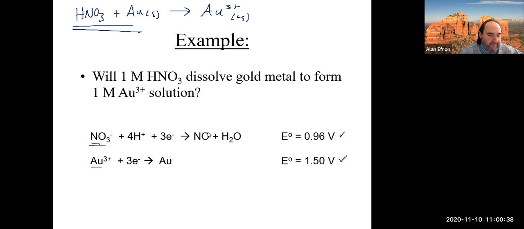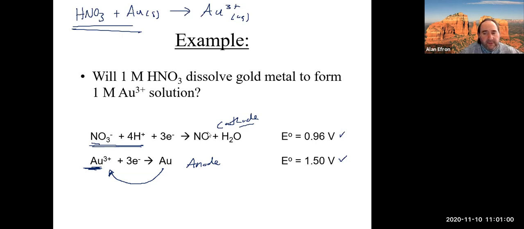If we look at our half reactions, nitric acid is on our reactant side, but this one is on the wrong side. So we actually need to reverse the bottom reaction. That would mean the gold is going to be our anode and our nitric acid is going to be our cathode.